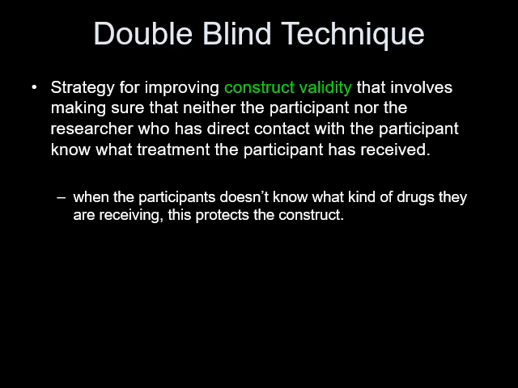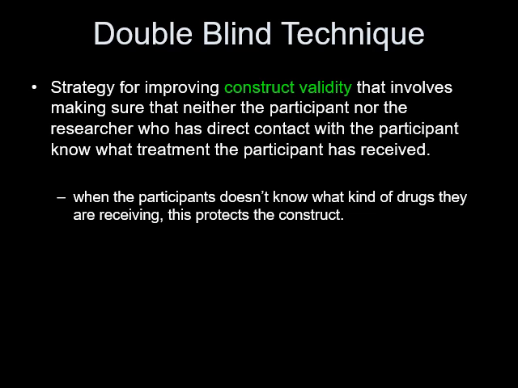Therefore you may be biased toward wanting results that prove you are correct. So you need to blind the experimenter to limit the influence of this expectation effect. Okay, so that's blinding the researcher.